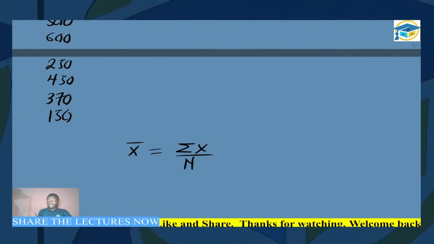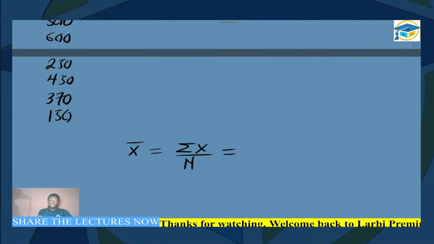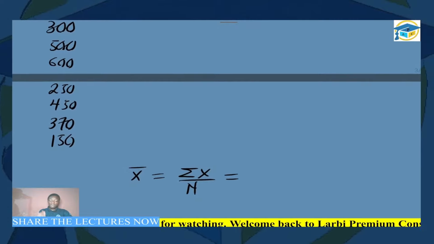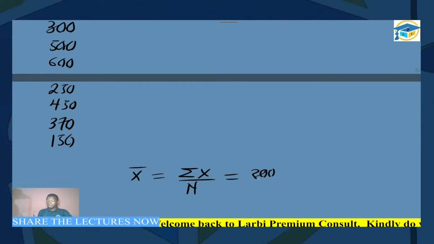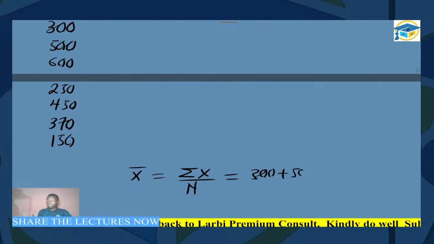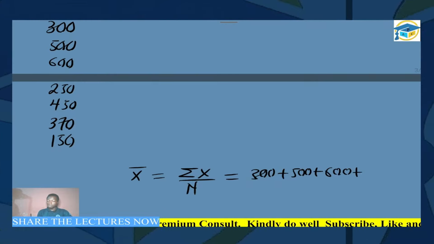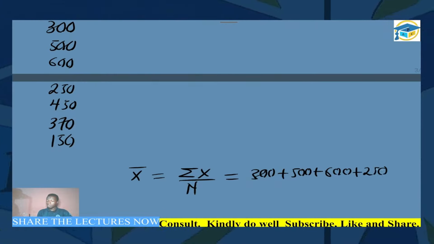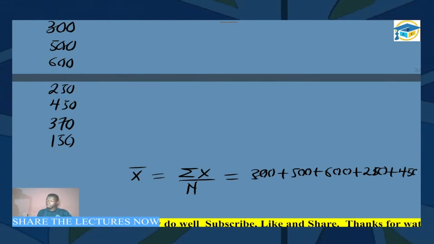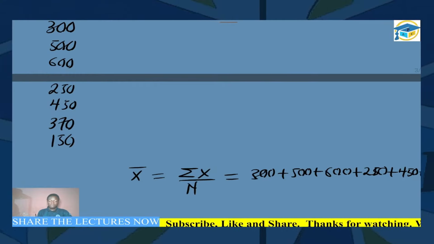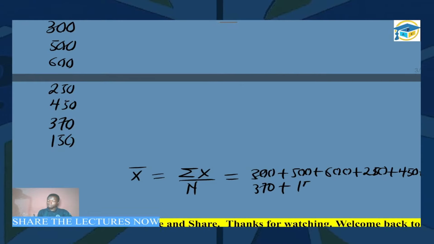So in this case, to find our mean, that's going to be the summation of the X values and then divide by the number under consideration. So we're going to have 300 plus 500 plus 600 plus 250 plus 450 plus 370 plus 150.